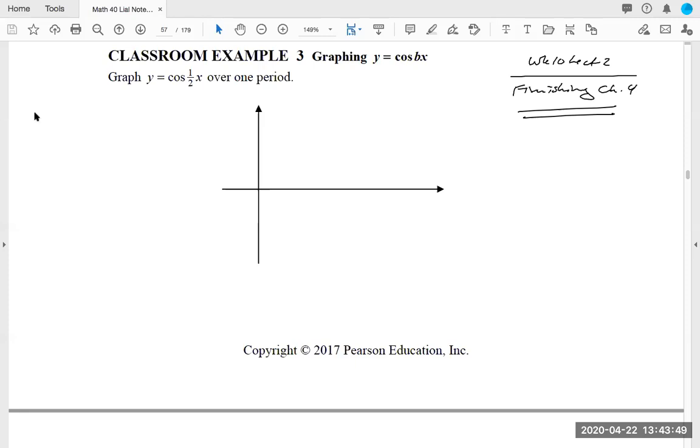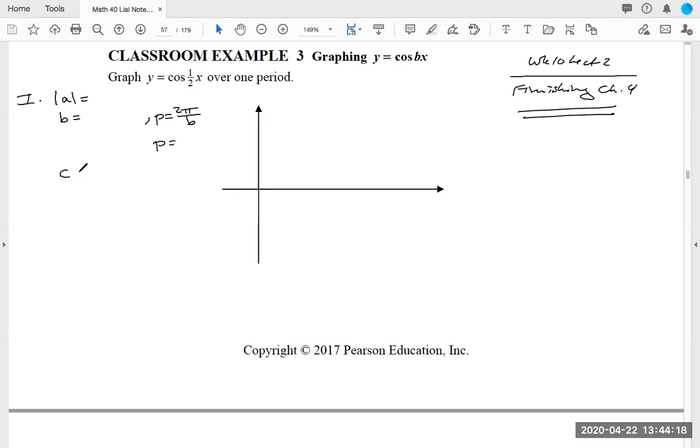If you remember, just going back over the steps, the first thing that we're going to do is find the amplitude of our graph, find our b value, which is our horizontal stretch and shrink factor. And then from there, we're going to find our period. Remember, the period is going to be 2 pi over b for sine and cosine functions.